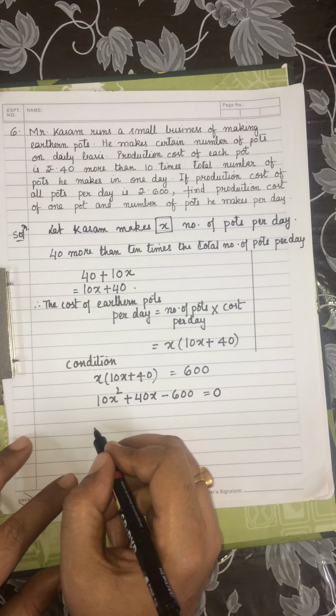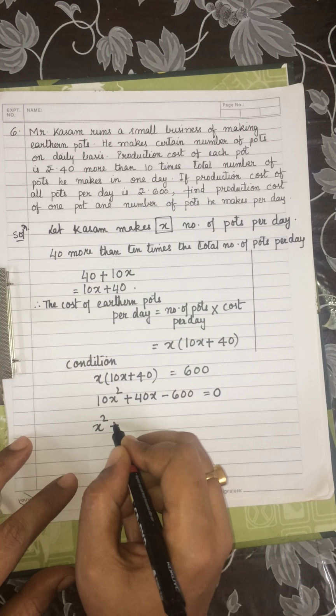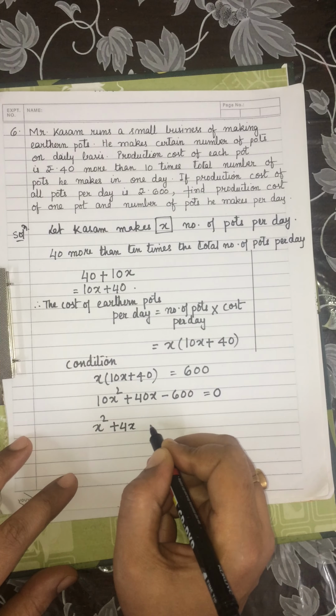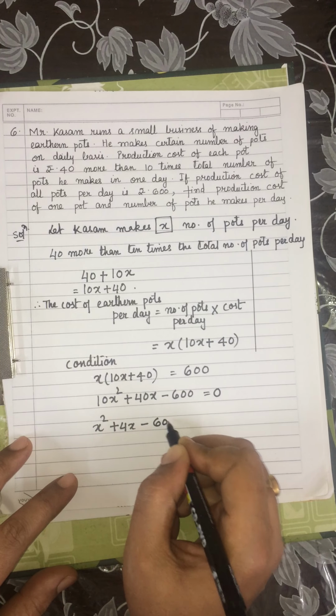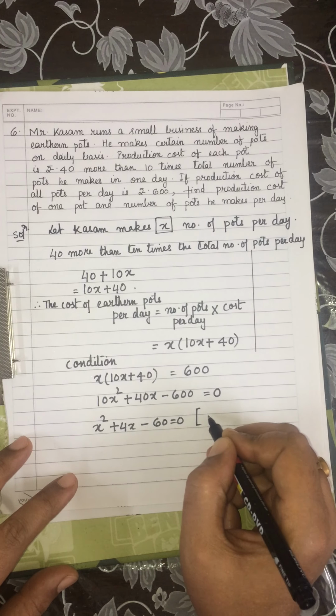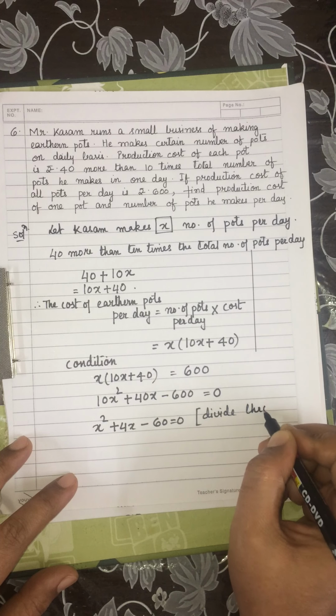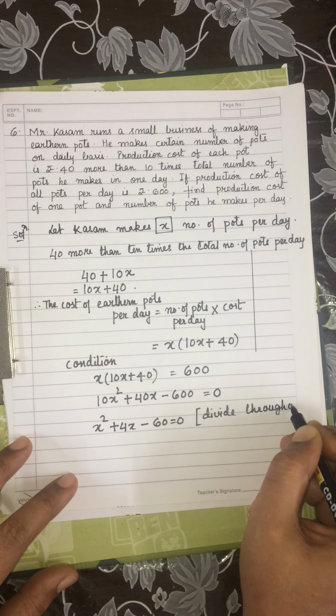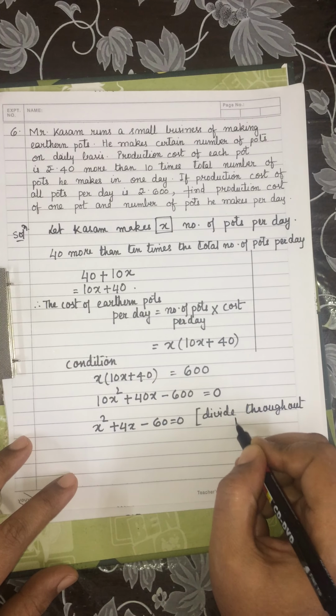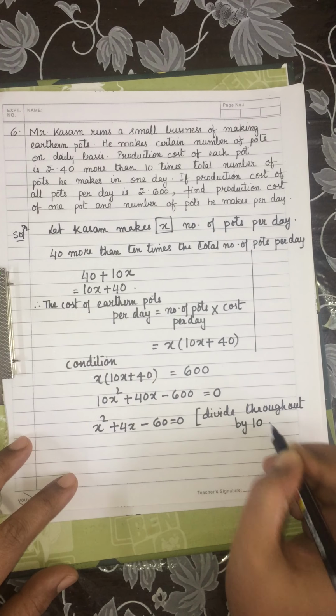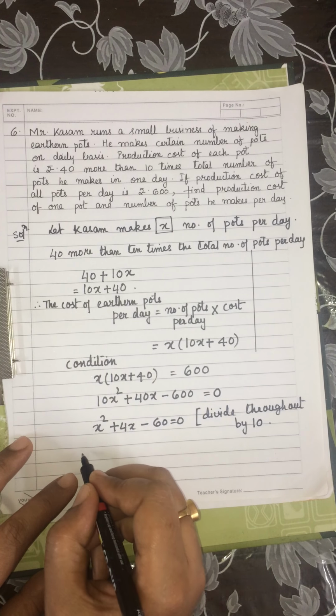Divide throughout by 10, we will get x square plus 4x minus 60 is equal to 0. You have to write divide throughout by 10.